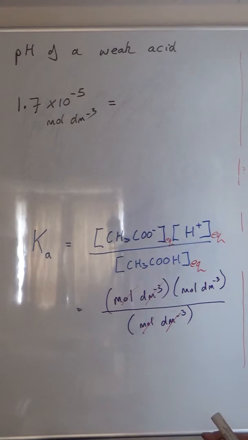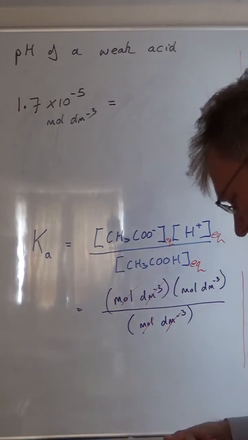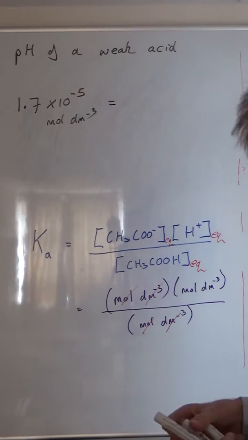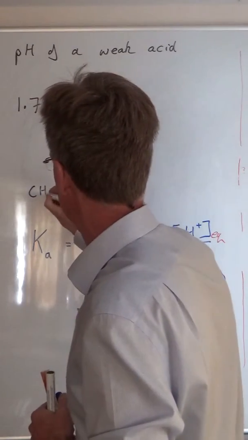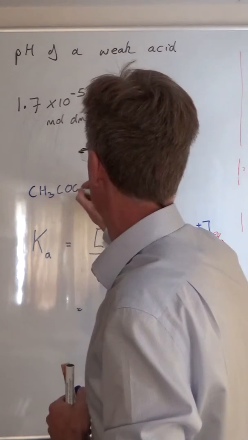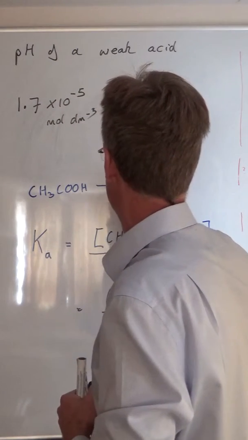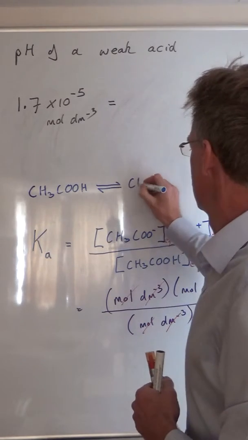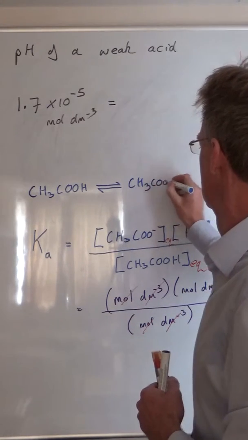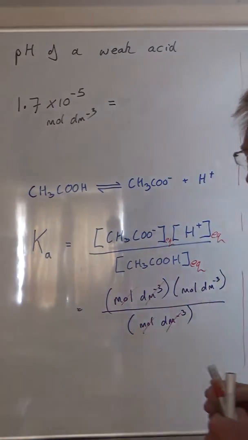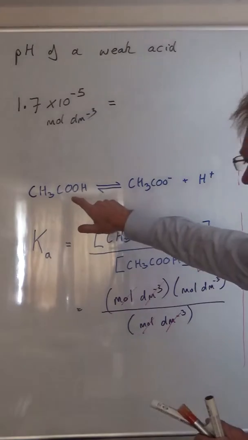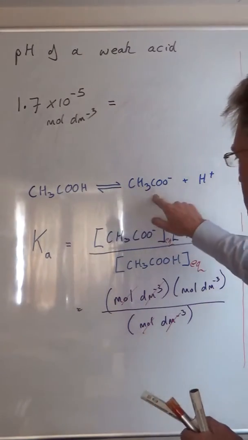Now, there are two assumptions you have to make to calculate the H plus ion concentration. I'm just going to write the equation again for the dissociation. We've got ethanoic acid, the molecule, in equilibrium with the ethanoate ion and the H plus ion. First of all, every one of these that dissociates gives one of these and one of these.